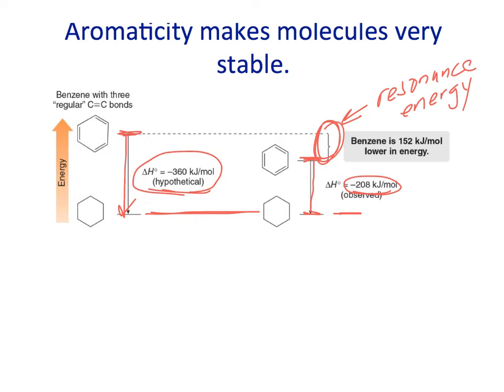So in reactions, as we'll see in the next chapter, when benzene reacts, it's going to react in a way that helps it maintain its aromaticity, all right? It doesn't like to do reactions that break up the aromaticity in the ring, because that would be going at least 152 kilojoules per mole higher in energy. Okay? So that's going to really control the reactivity of benzene. And so we'll talk about that starting tomorrow.